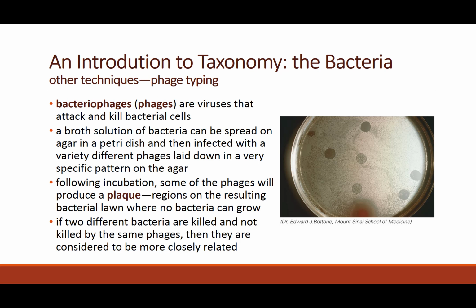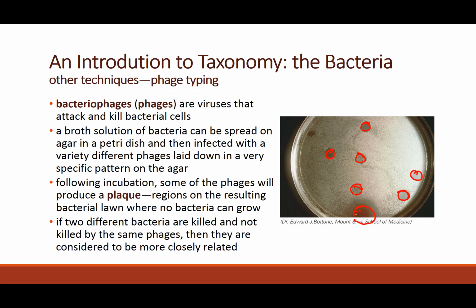So you can use different kinds of bacteriophages, and you would lay them down in a very specific pattern. So you can see that here, everywhere on this picture that you see clearing in the lawn of bacteria that you're growing, and that could be one there. I can't tell because it's off to the edge and it's a little different color, but it likely is.